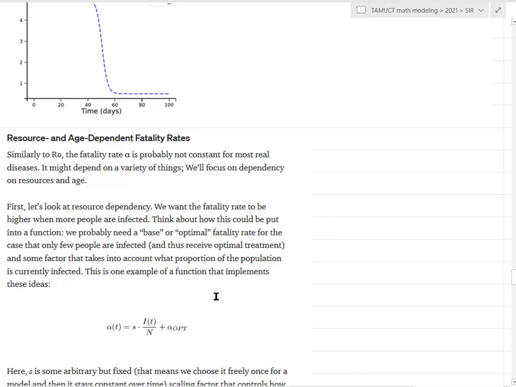So this model is a gradual increase in fatality rate as the number of infectious increases. But we know that's not true because, as I said, if you have 100 beds in your ICU and you're up to 80 infectious people, you're okay. But if you get over 100, then you're screwed. Those people are not going to be able to be treated.